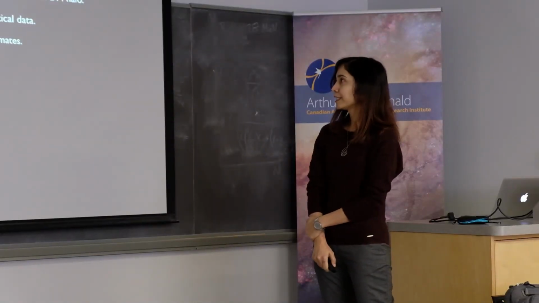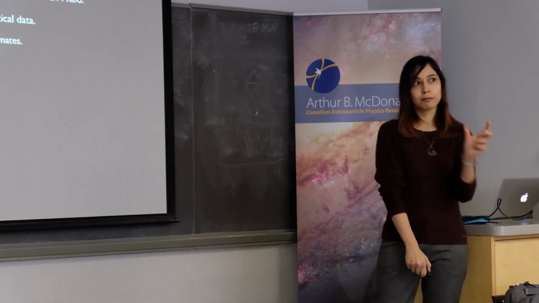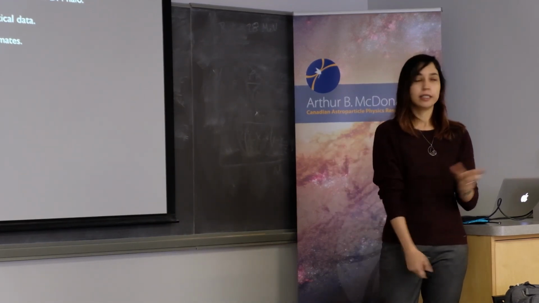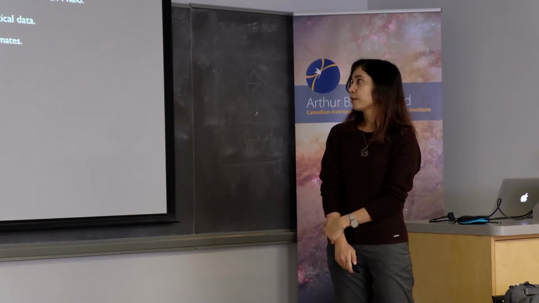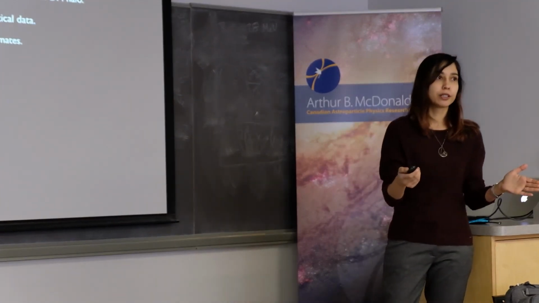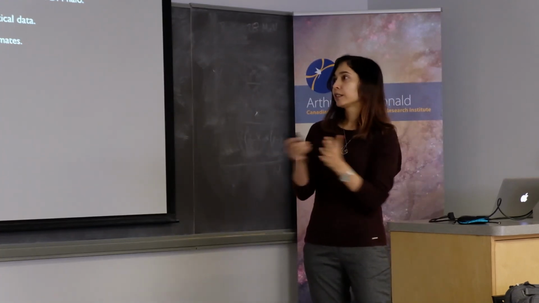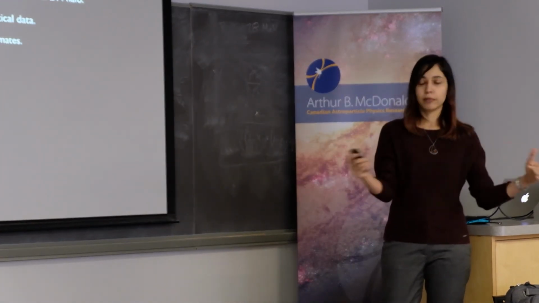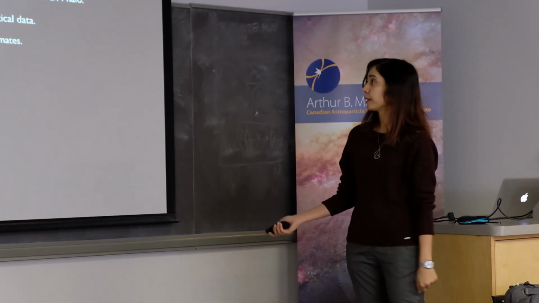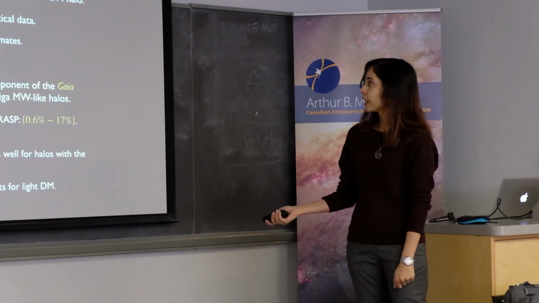So experimentalists can still use this form, but there is an uncertainty in the best fit peak speeds, which comes from the different simulations. So it's not the 220 standard halo model, but it's an isotropic Maxwellian with some variation in the peak speed that one has to consider.